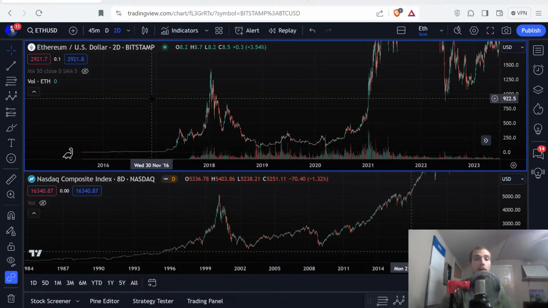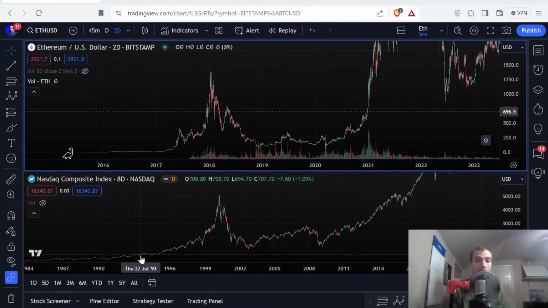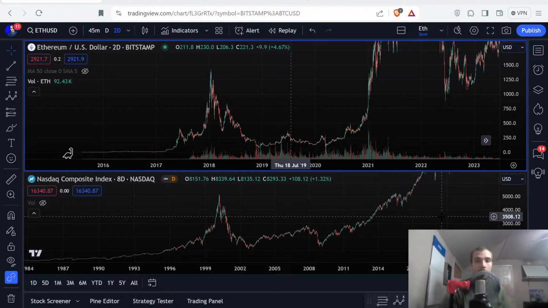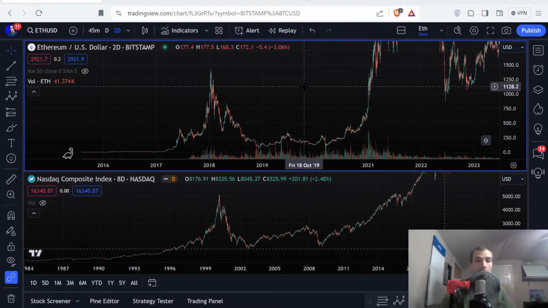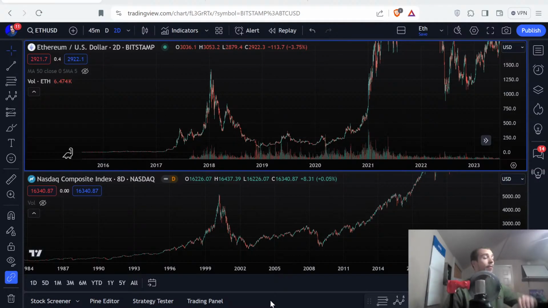And if you look here on the bottom, you can see that's the internet bubble. This is the NASDAQ. And the top is Ethereum. So it doesn't matter if you're trading the NASDAQ. It doesn't matter if you're trading gold. It doesn't matter if you're trading silver. It doesn't matter if you're trading Bitcoin. It doesn't matter what you're trading. Market cycles always repeat. It's human emotion.